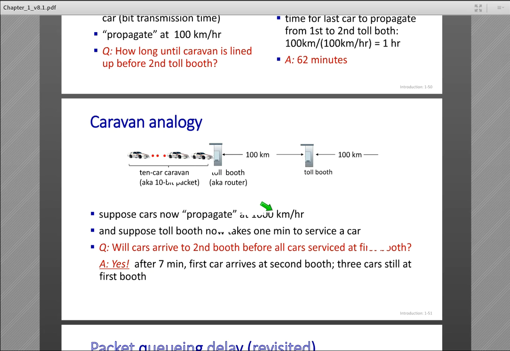Each car needs to spend 6 minutes to pass this highway. The length is 100 kilometers and the speed is 1000 kilometers per hour. So each car needs 1/10 of hour or 6 minutes to pass this highway.